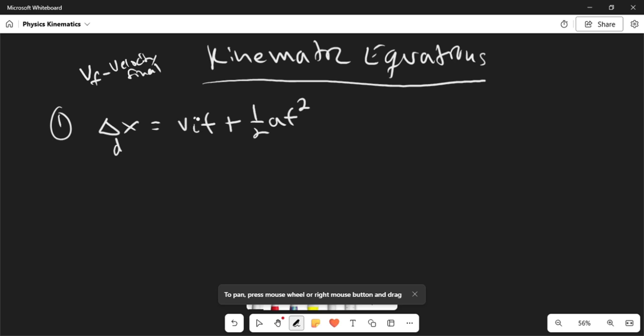For free fall problems, the object is at rest and it's just falling down. So if the object is at rest, then its initial velocity is always going to be 0. And 0 times whatever number time is, it's just going to be 0. So we don't need this part. For free fall problems, we will only need the 1/2 times a times t squared.